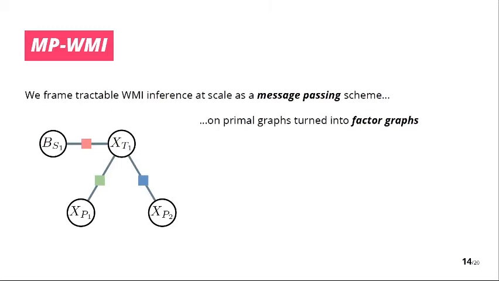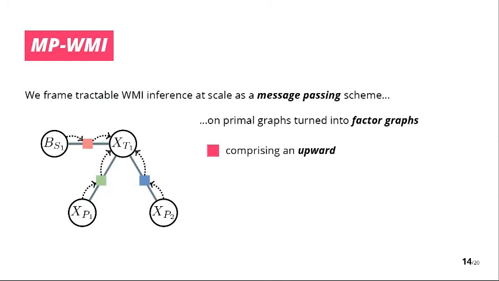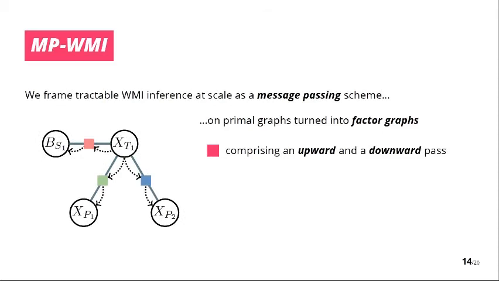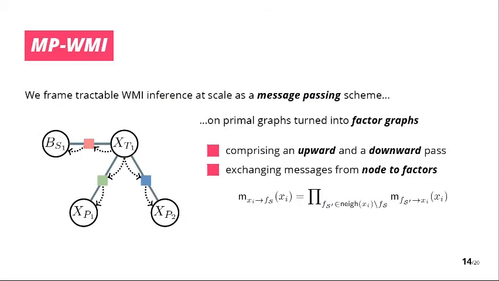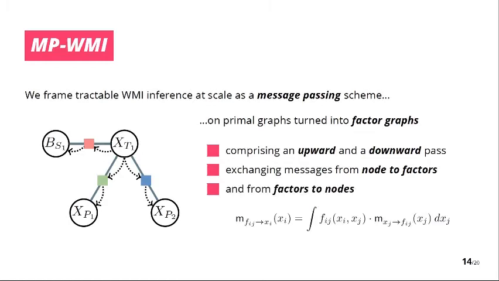The vector graph formulation suggests that we could perform efficient inference in the classic message passing framework. It can process an upward and a downward pass. During the pass, messages are sent from nodes to vectors and also from vectors to nodes. When this is done, we obtain the exact marginals for each variable.